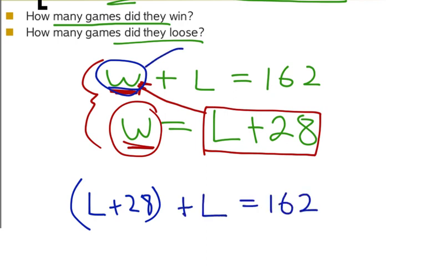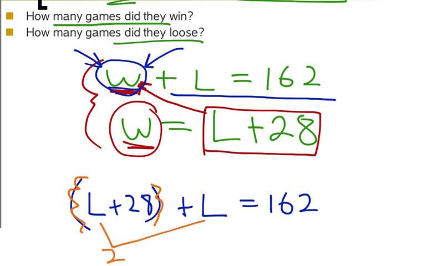Okay, so notice I just replaced this variable right here and then wrote plus L equals 162. Once you do that, you don't really need these parentheses anymore, so we don't need those. We're going to go ahead and combine my L's to make 2L plus 28 equals 162.